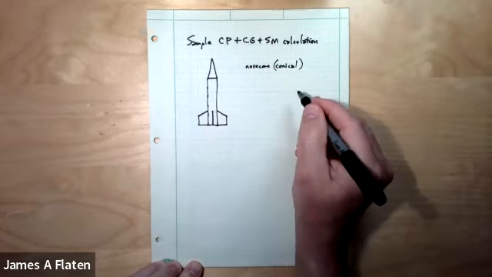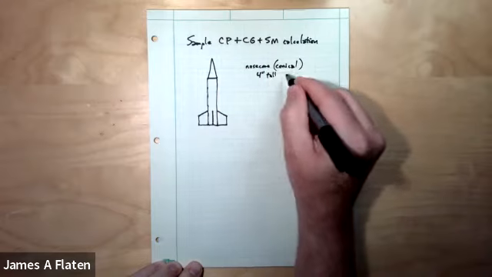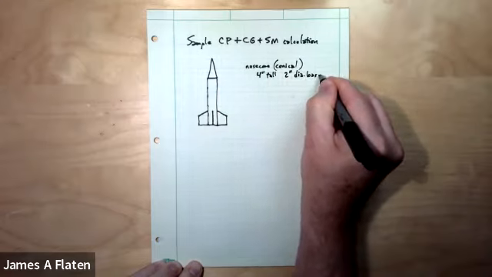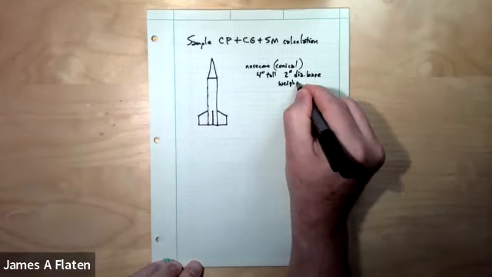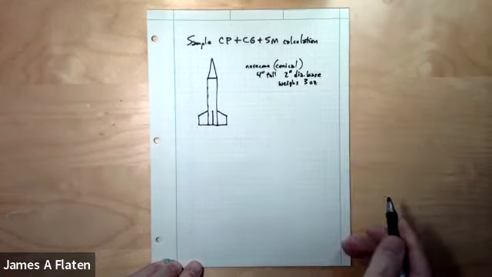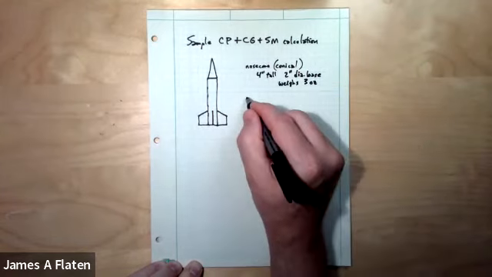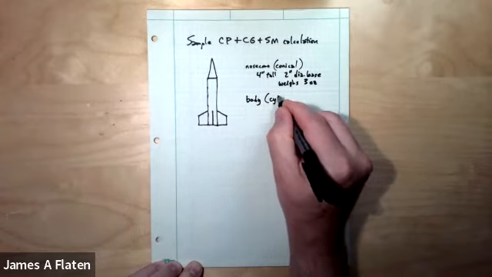So I have a conical nose cone, 4 inches tall, 2 inches diameter at the base. And I need to know how heavy it is, so I'll say it weighs 3 ounces. Okay, so here's the body. And the body will be cylindrical.